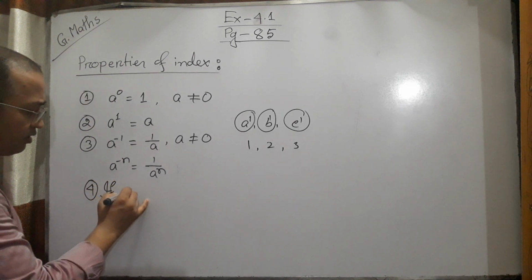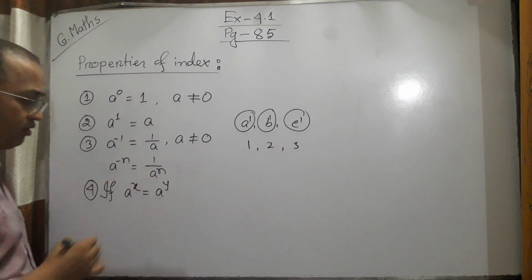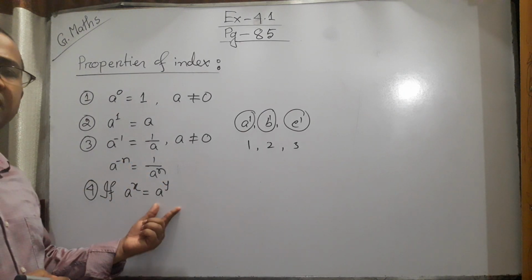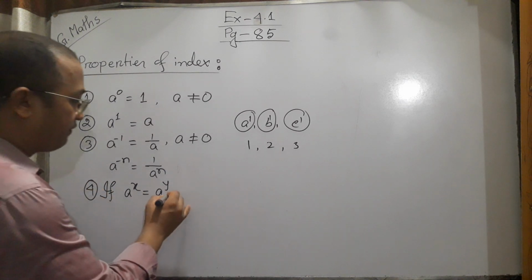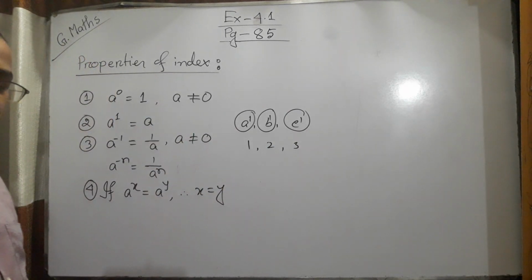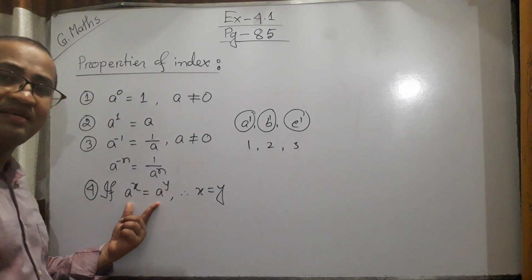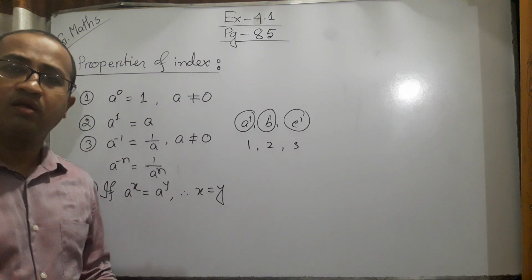If a to the power x equal to a to the power y, look, two exponential expressions are equal, it is possible if and only if x equal to y. Because the bases are the same, the powers must be the same, otherwise they will not be equal.